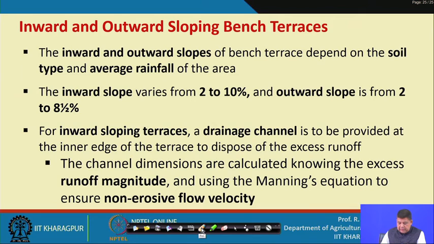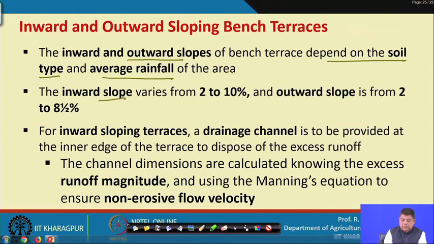Coming to inward and outward sloping terraces, the inward and outward slopes of bench terraces depend on soil type and average rainfall. Inward slope varies from 2 to 10% and outward slope is from 2 to 8.5%. So, these are the general ranges.